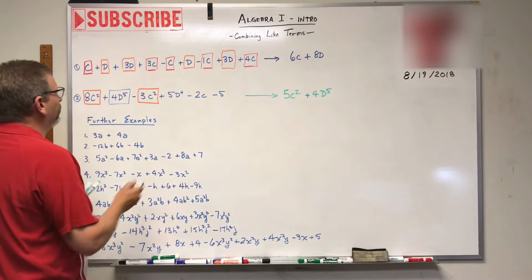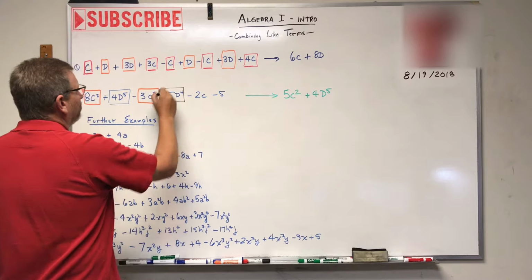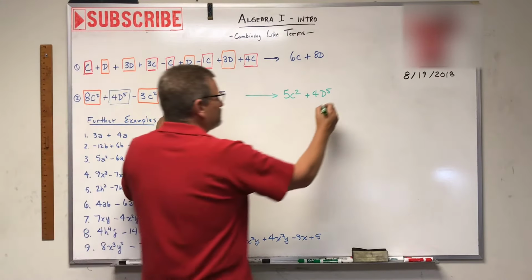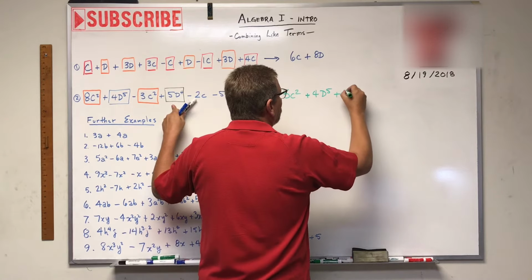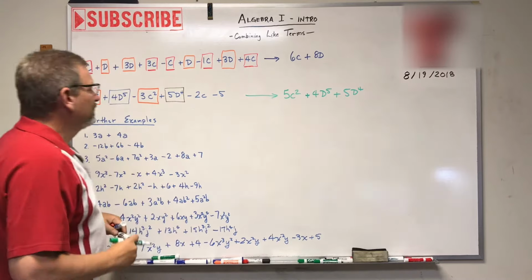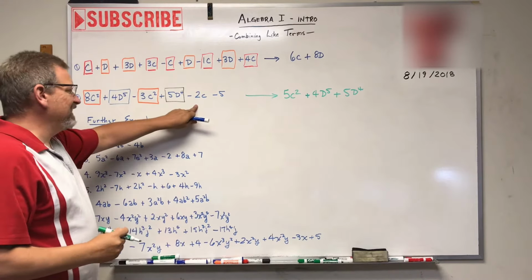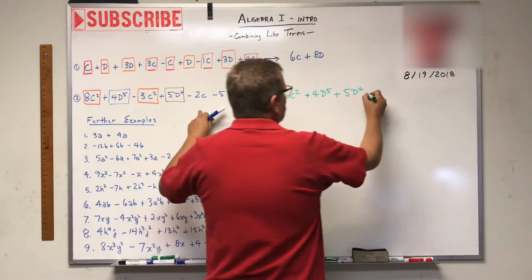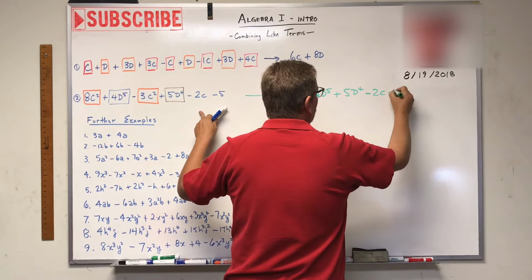Here comes a d to the 4th. Right? Oh, that's the only one of those guys too, isn't it? So that guy's not going to change. 5 d to the 4th. Okay? And then what? I've got the 2c, he's by himself, and the 5 is by himself. Okay, so we're going to just do minus 2c minus 5.